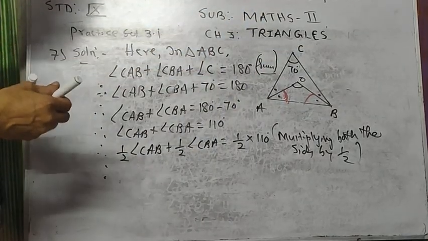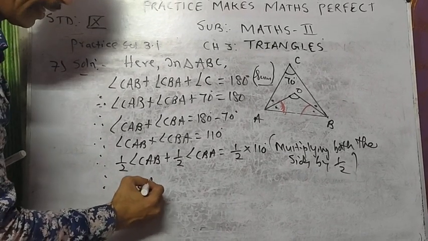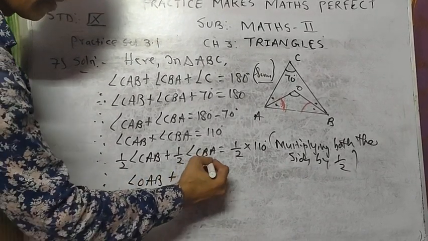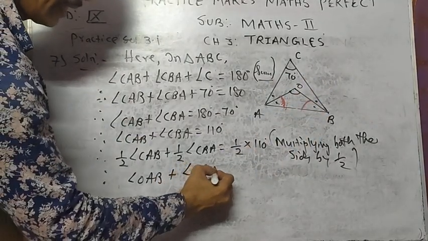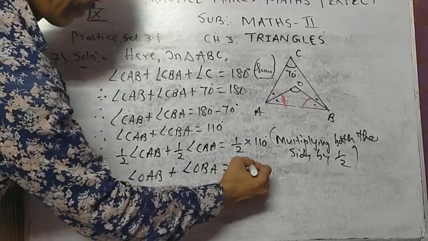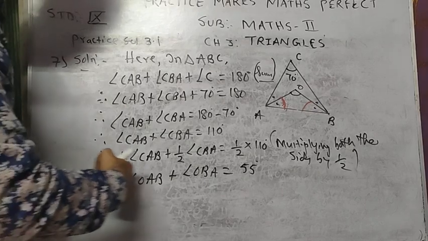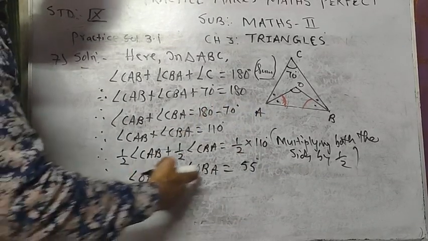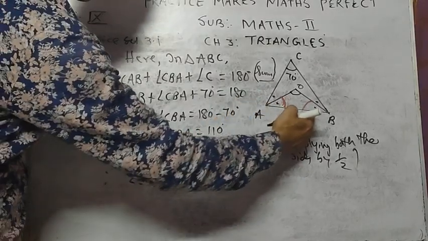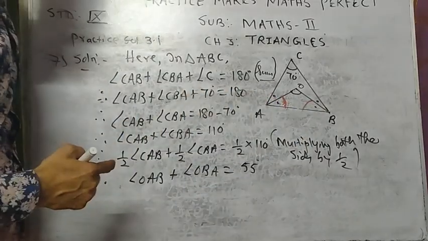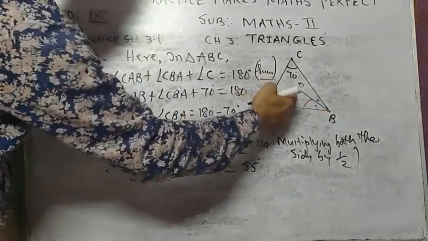Half of angle CAB will be angle OAB plus half of angle CBA means angle OBA is equal to 55 degrees. After doing this half, you will get angle OAB plus angle OBA equal to 55. The sum of the measures of these two is 55. But we want angle AOB. We want this angle.